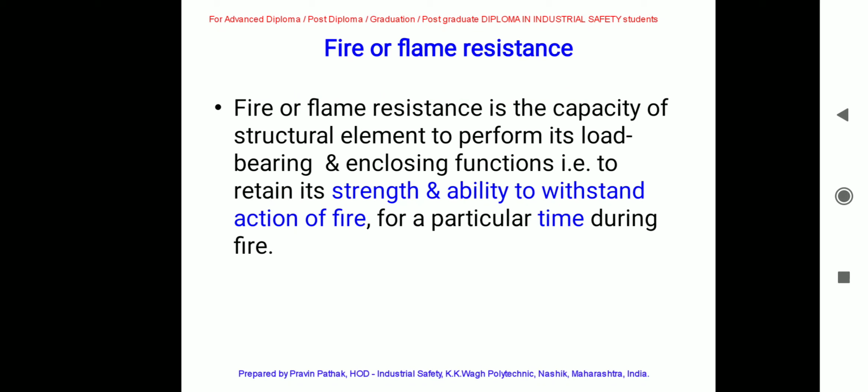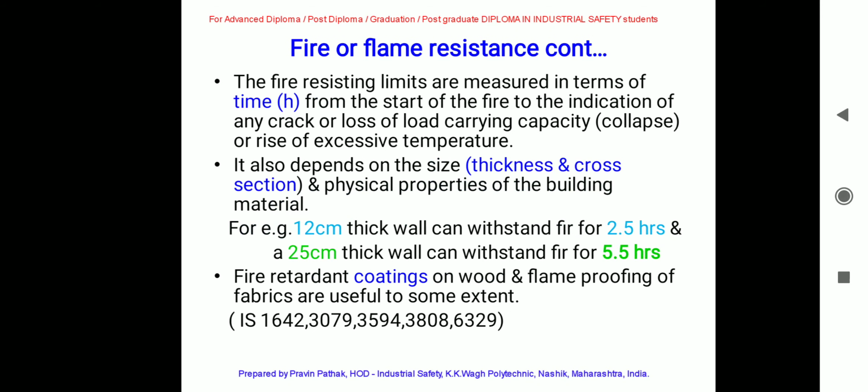When the fire catches, time is an important parameter, because how much time is required for failure of that particular structure, how capable the building is, and how much strength it has to withstand the fire. Within that time the fire tender or firefighting system should be operated, and only then can we minimize the fire risk or damage to material and persons.